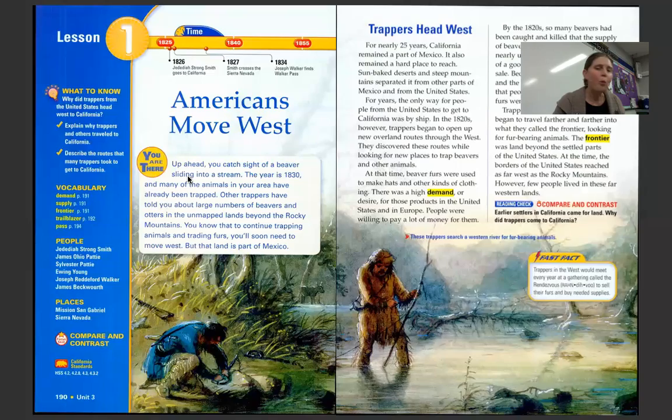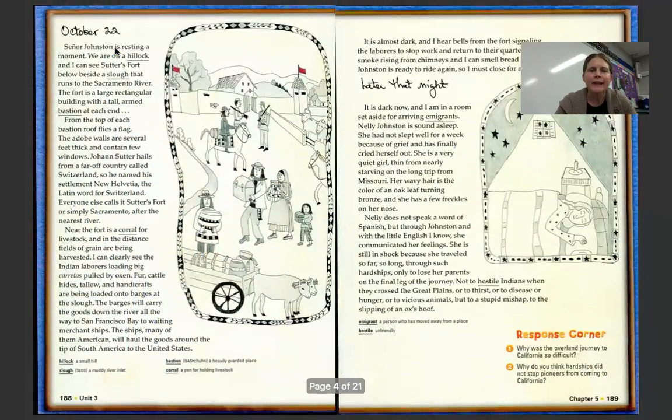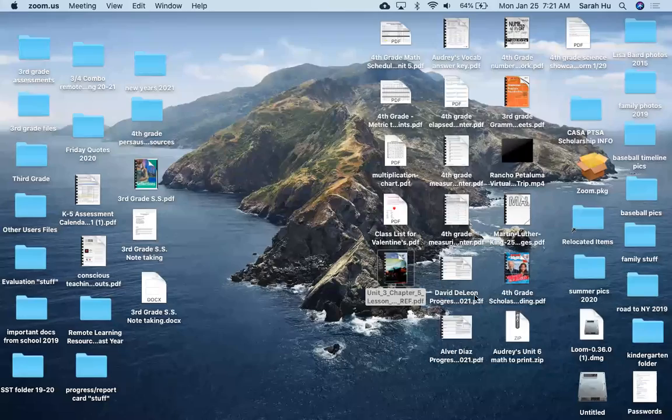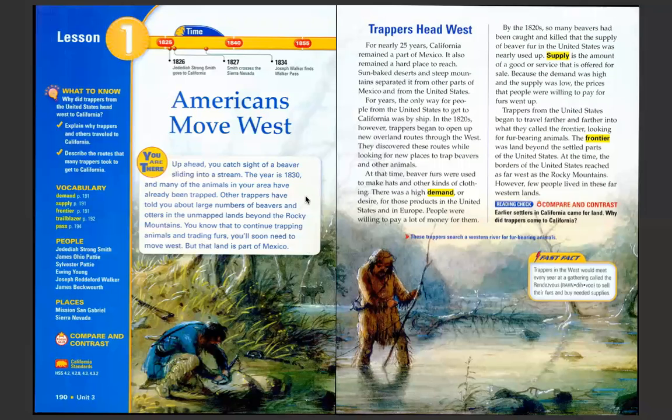This is page 190. It's lesson 1. Oh, that's going to be super annoying, but let's see if we can do this. This is Americans Moving West. Hang tight for a second. I'm going to share it in a different way. I'm going to turn this off for a second. Share screen. Share. I think this will do it. Nope. Well, that's okay.